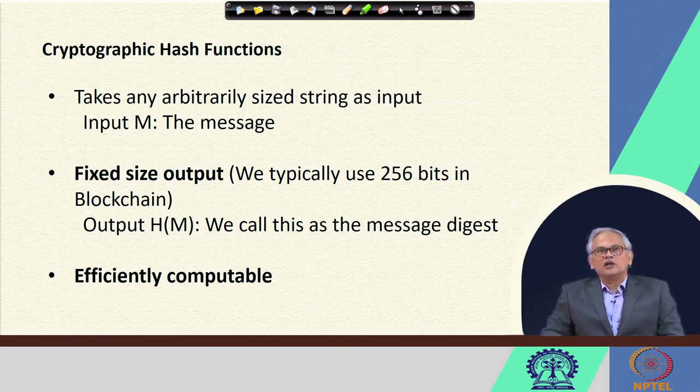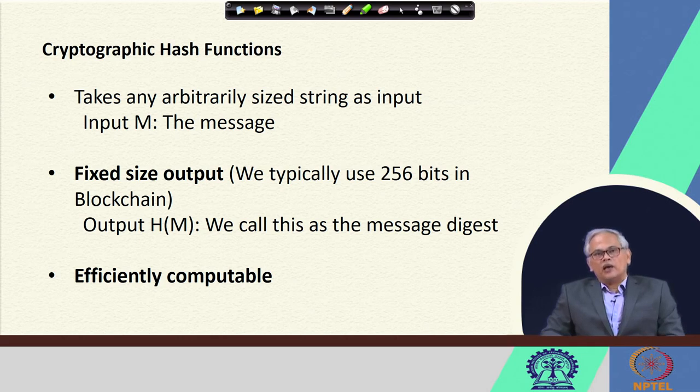So, for the function there is an arbitrarily sized string as input, and the size of the output is fixed. That is very important, and we will see why that is really required for such cryptographic hash functions. There are various types of cryptographic hash functions, and they generate outputs of different sizes.